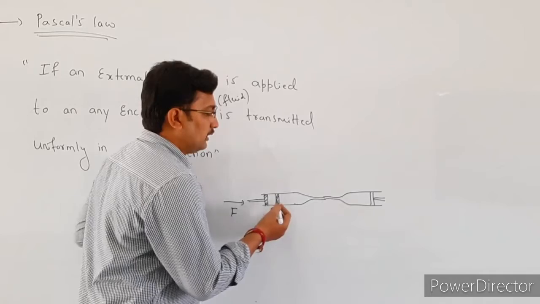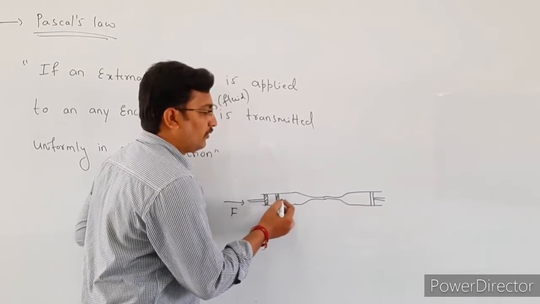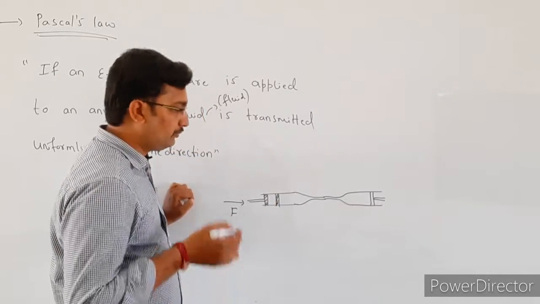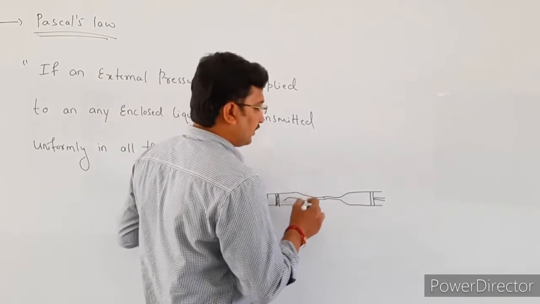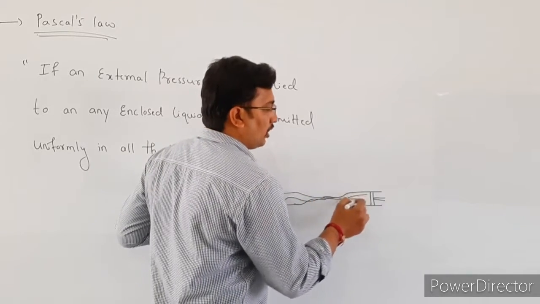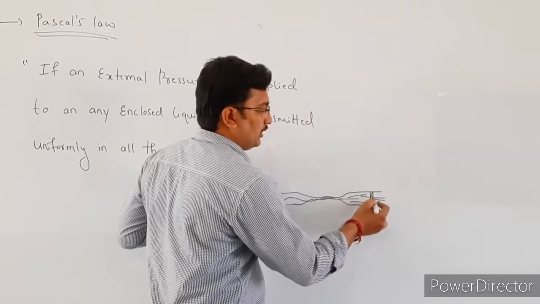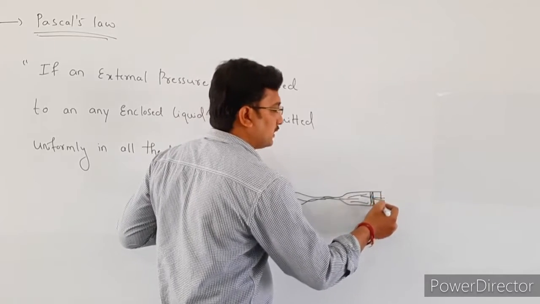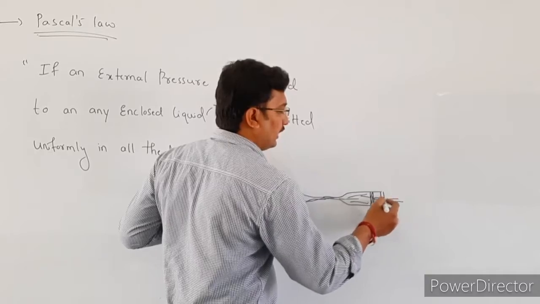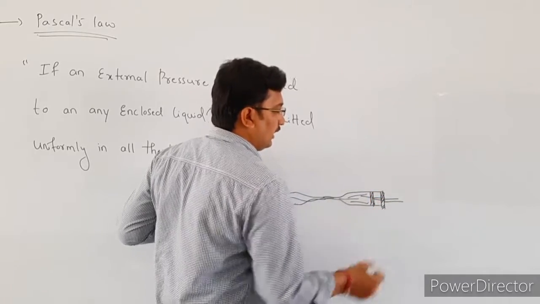In that case, this piston exerts some amount of force on the fluid. That pressure is distributed in all the directions and it acts on the second piston, so due to that pressure, this piston is moving in the outward direction.